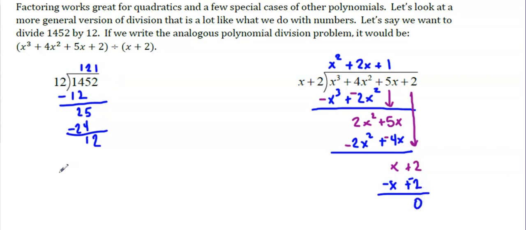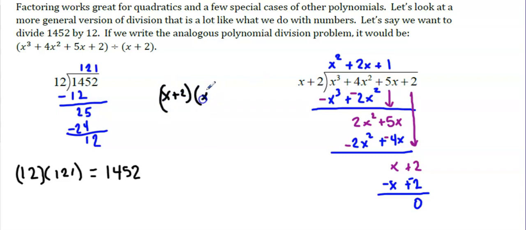So with my final answers, I know that 12 times 121 equals 1,452. And over here with my polynomials, I know that x plus 2 times x squared plus 2x plus 1 equals x cubed plus 4x squared plus 5x plus 2.